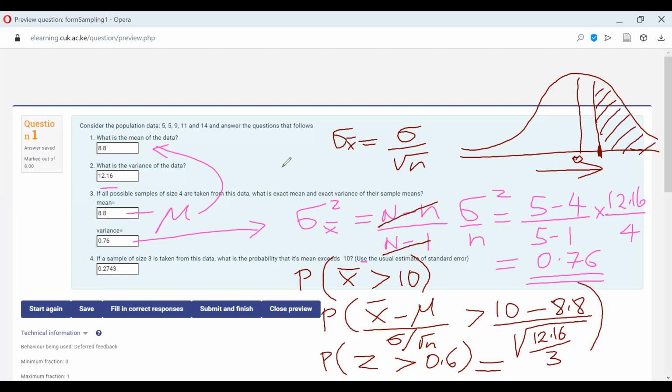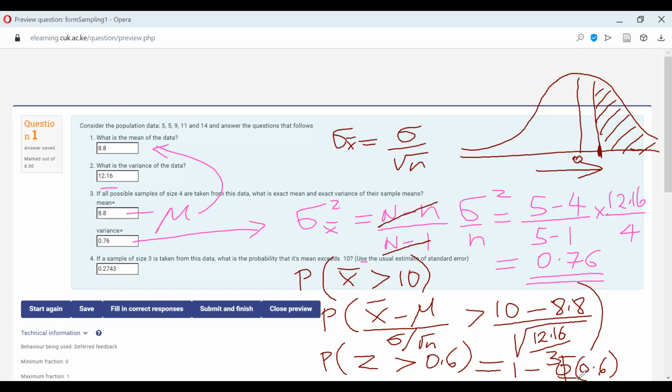And every time the area is less than 50% of the entire graph, I said always take 1 minus what you read from the table, which we call phi of 0.6. So we read from the table, then subtract from 1, and that is our answer.